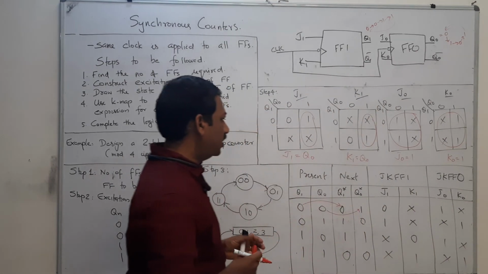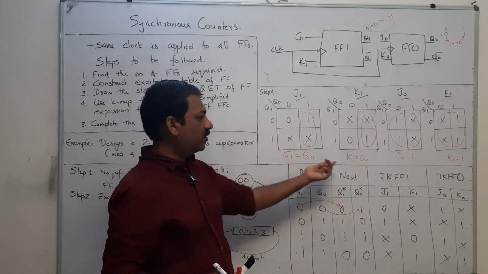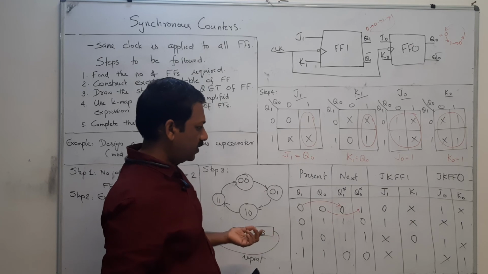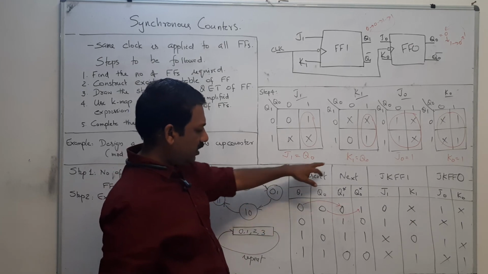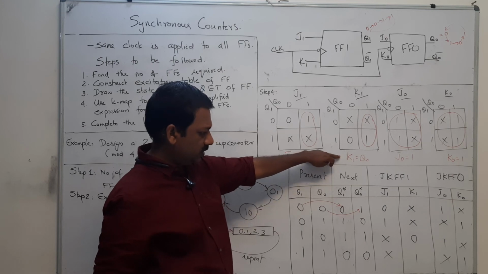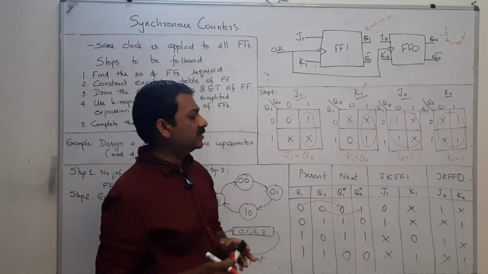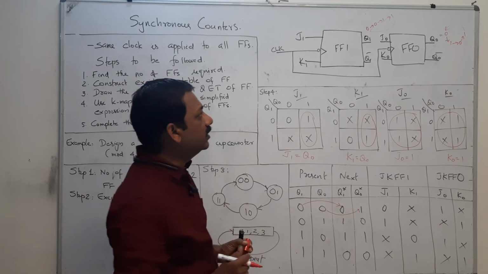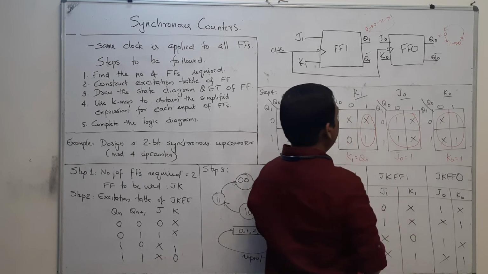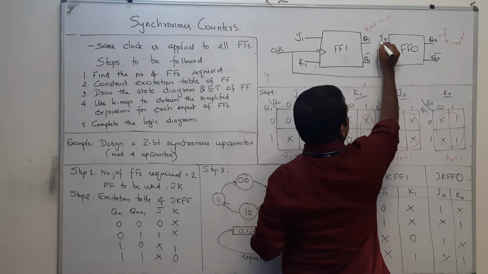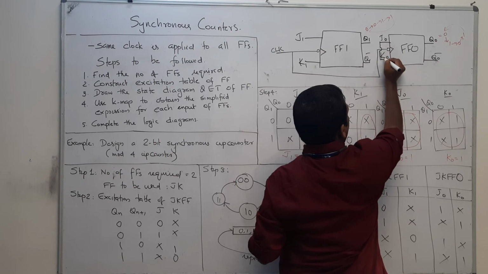That means here J1 is equal to Q0, K1 is equal to Q0, J0 is equal to 1 and K0 is equal to 1. That means here, see, this is J0 and K0 should be 1.